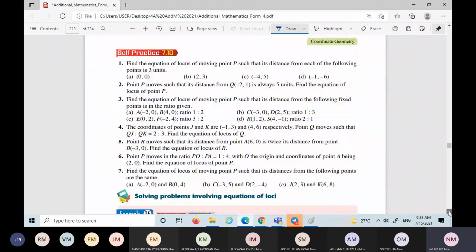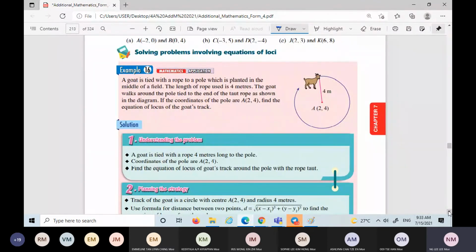Okay, we go to this example 16. Solve the problem. Okay, you go to the question. The rope is 4 meters, which means the distance is 4 meters. The coordinate of the pole is A, which is (2, 4).